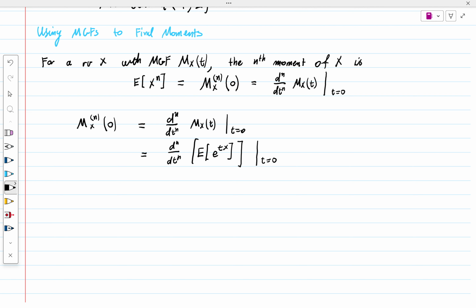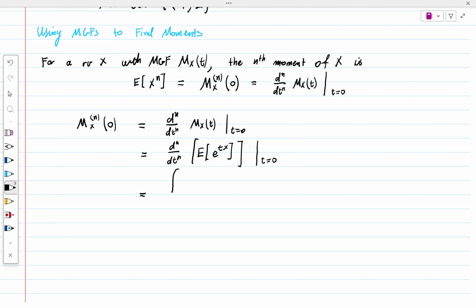Now, in the next step, what I want to convince you of is that I can take an expectation and then differentiate it, or I can first differentiate with respect to t and then take the expectation. Let me give you something on a page that might solidify this.